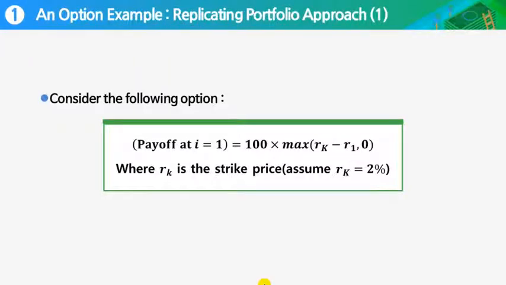Consider the following option. The payoff at 6 months later is 100 multiplied by max(RK minus R1, 0). Here R1 is the 6 months rate, 6 months later, and RK is the strike price, and we assume RK equals 2%.